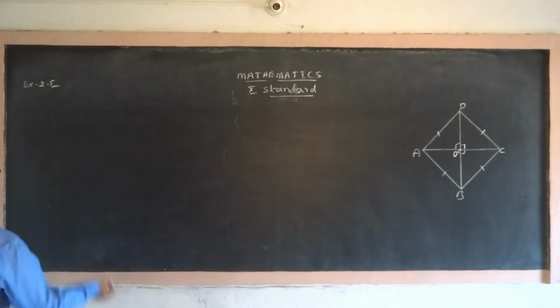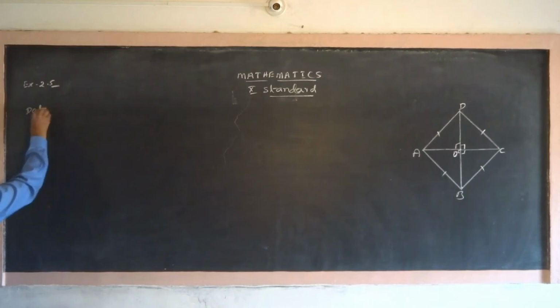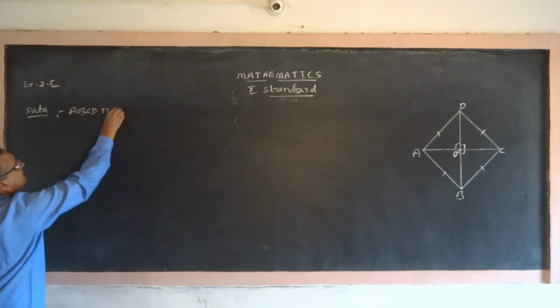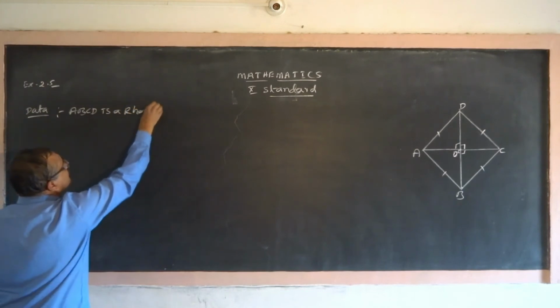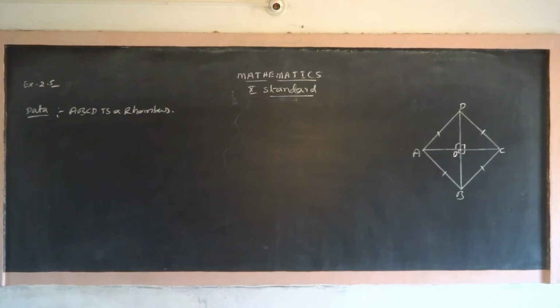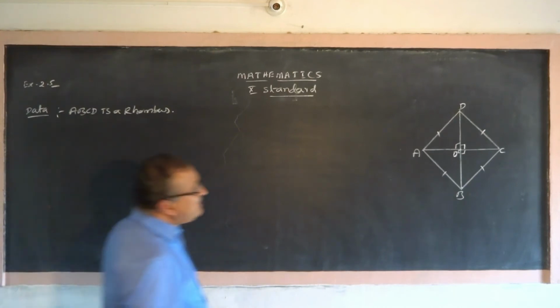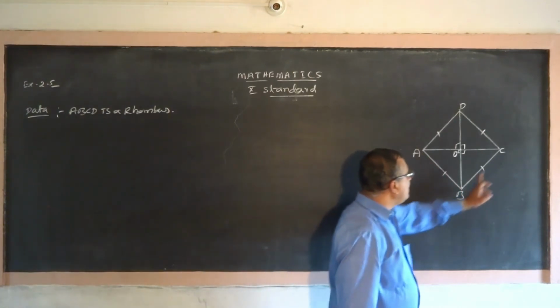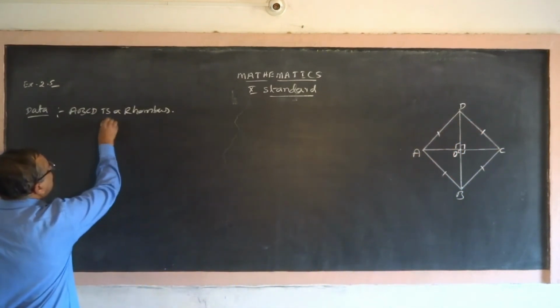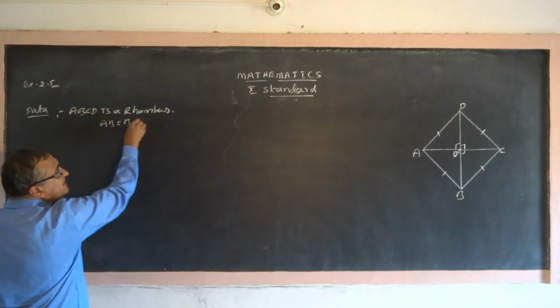Now take the data. ABCD is a rhombus. If ABCD is a rhombus, AB equals BC equals CD equals AD.